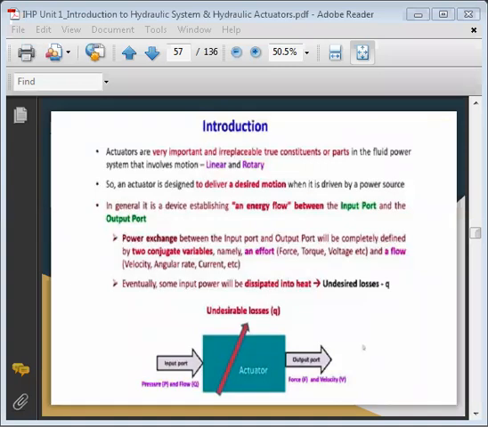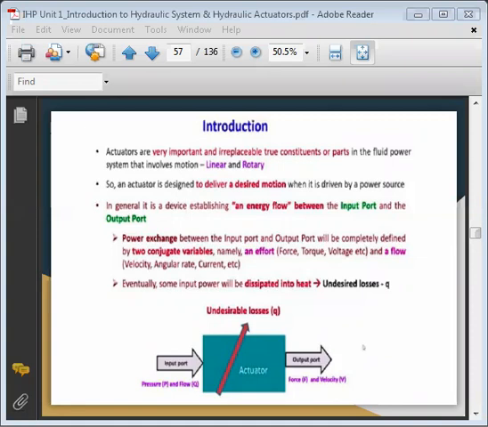Force, torque, voltage, and flow means what? Velocity, angular rate, current, etc. Some input power will be dissipated into heat, and that heat means undesirable losses.